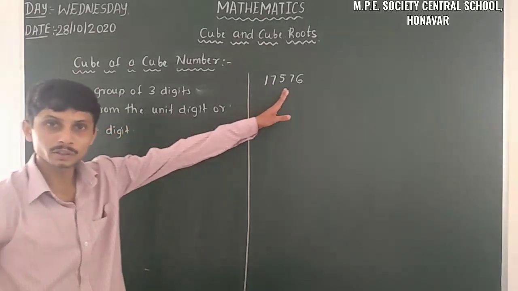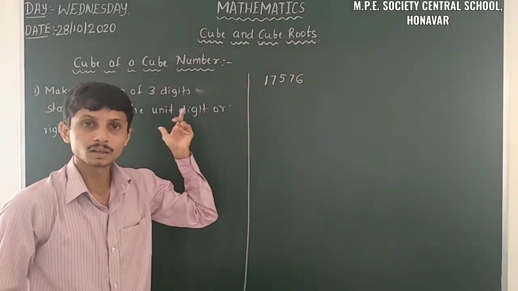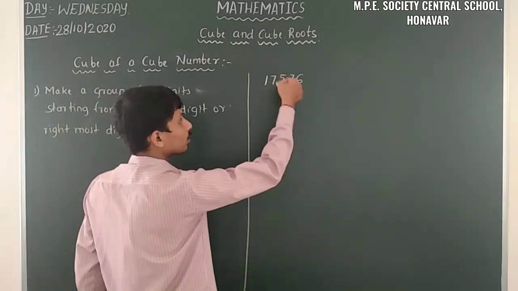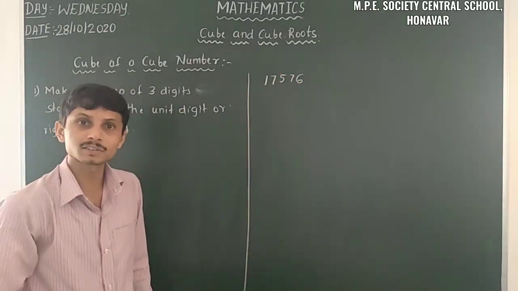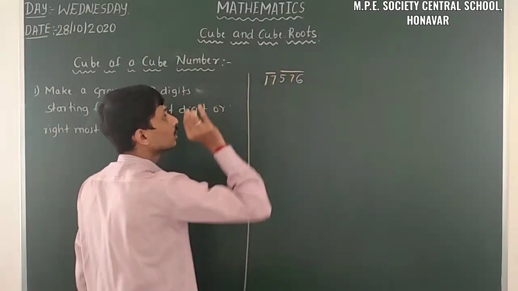Rightmost digit means it's a unit digit only. So from the rightmost digit we have to take the bars or the group. You can make a bracket, or you can make the bars also. Here it is only 2 possible.